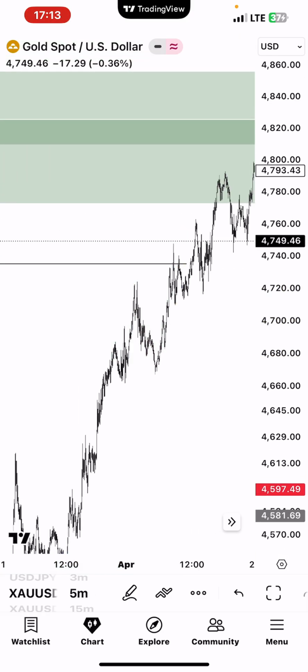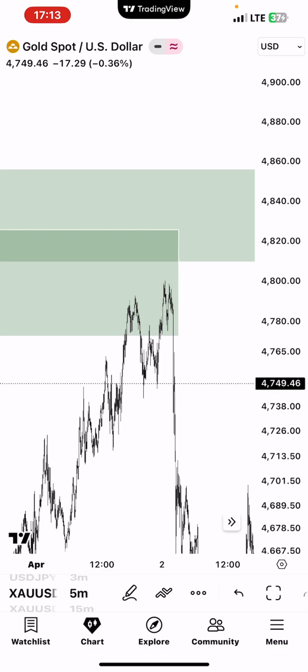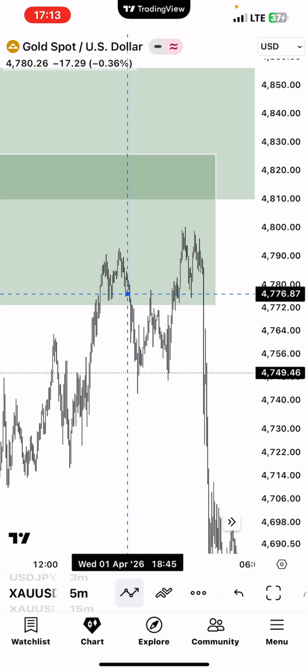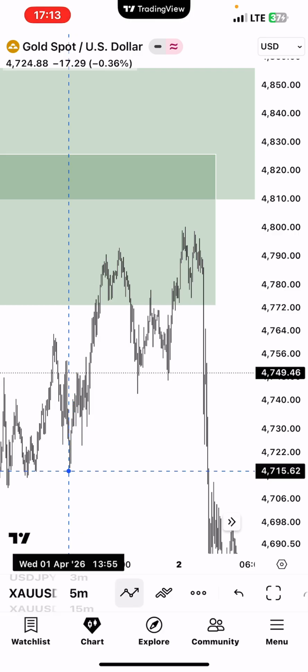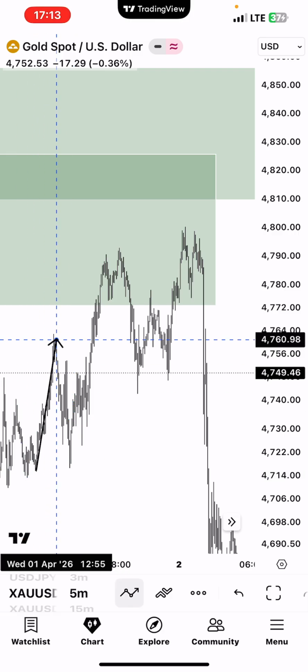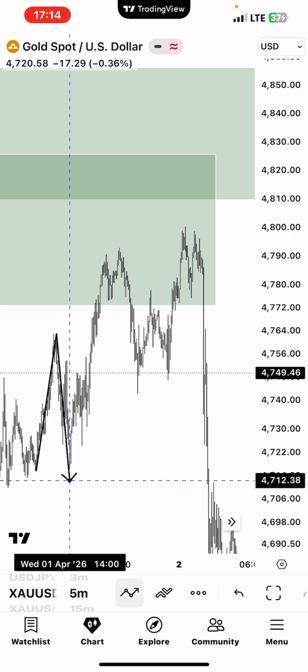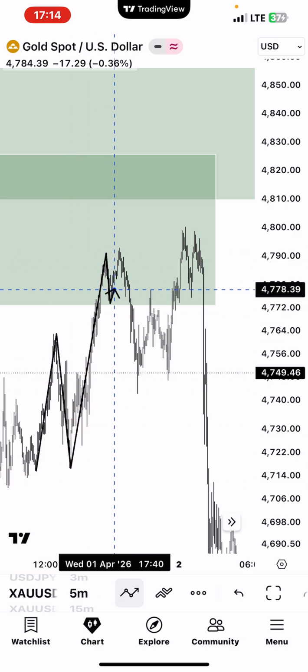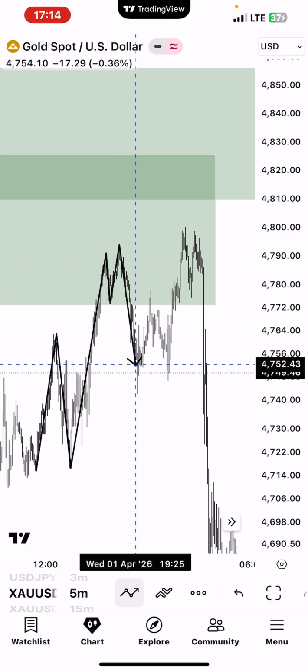So it was wrong. The next rejection block, 5 minutes. Let's see if we'll see confirmation. Up, down. Up, down. Up, down. Broken the first one.